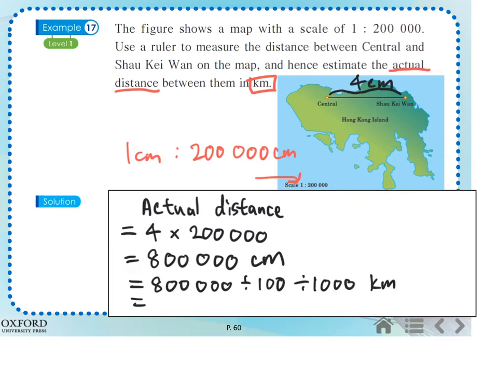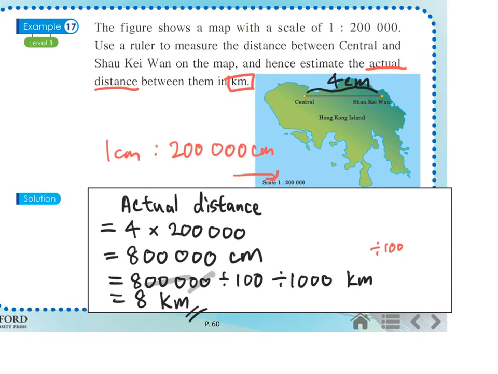So that's why we cancel 2 zeros and then cancel 3 zeros. In the last part you have 8 km. So dividing by 100 is cm to m, dividing by 1,000 is m to km. And that's it.